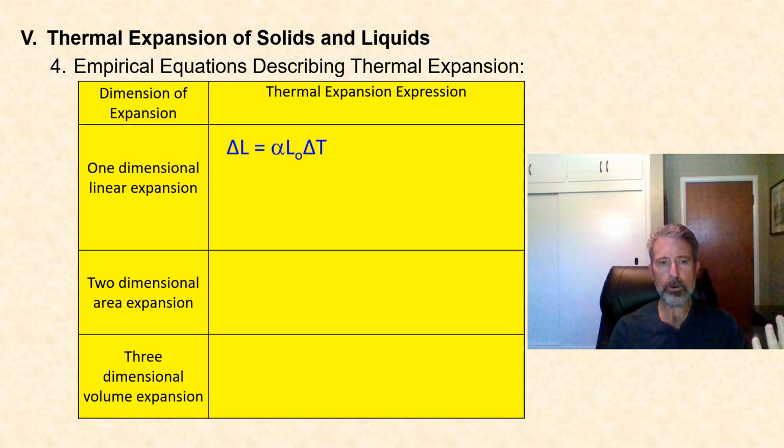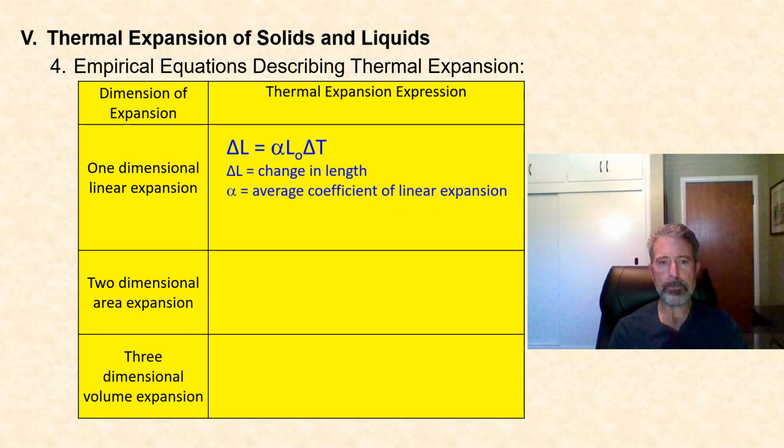The amount of expansion, that is the change in length of the object, certainly should depend upon the type of material you're talking about. And this thing alpha is what we call a coefficient of linear expansion. It depends upon the material type. Some materials will expand more than other materials for the same change in temperature.